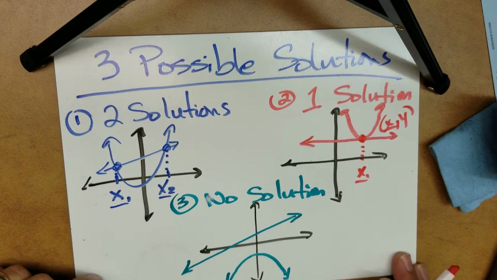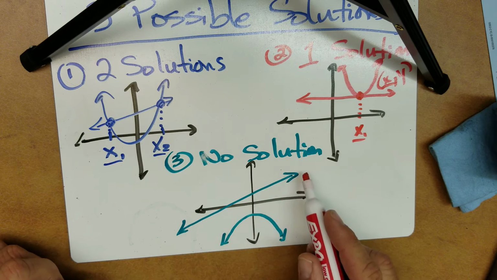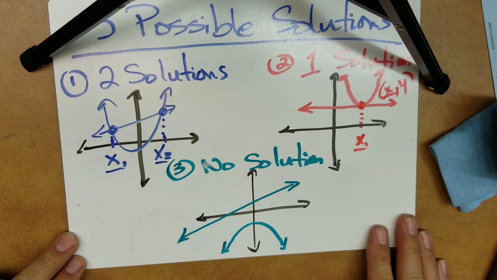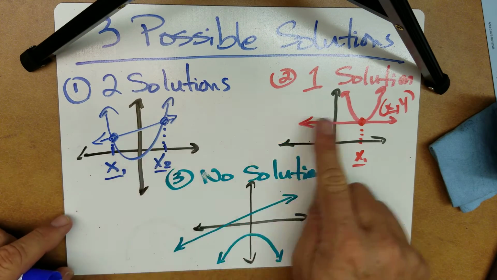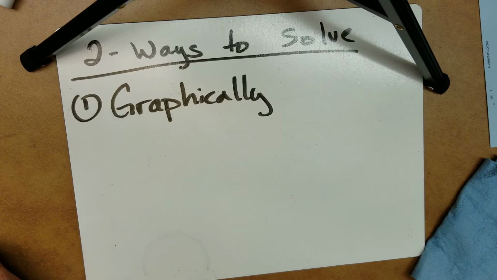But then, of course, we can also have no solution. And no solution is when the straight line and the parabola don't intersect at all. And there's a lot of ways for that to happen. So these are your three possibilities here. You can have two solutions, one solution, or no solution. Why don't you pause this video and copy that down.